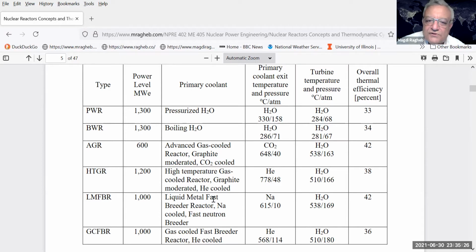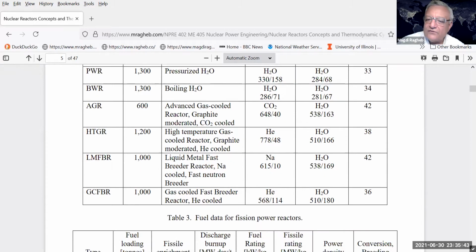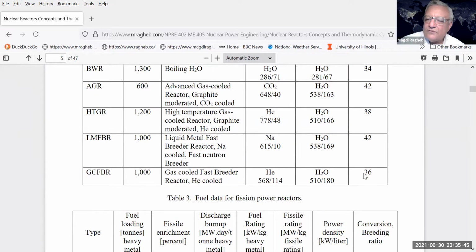So the breeding ratio in that case would be 1.25 or 1.2. Notice again that going to a gas-cooled reactor increases our efficiency from 1/3 to maybe 40%. The gas-cooled fast breeder reactor also is in the range of 36%. Helium would be used as a coolant.